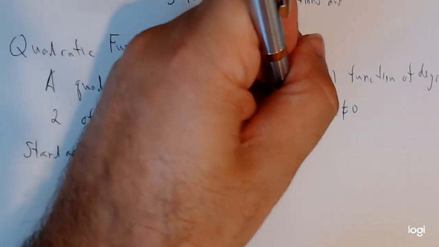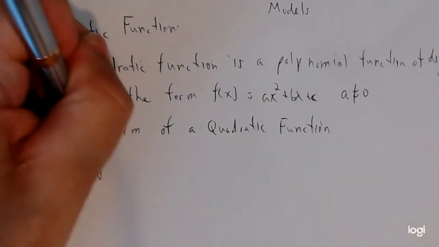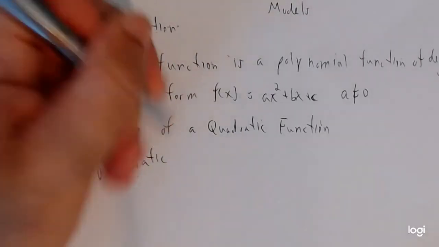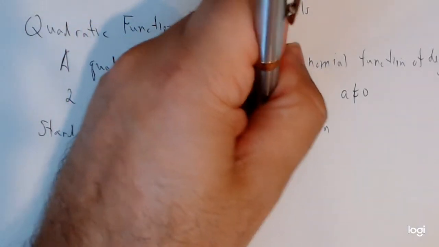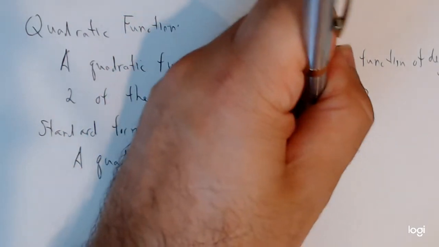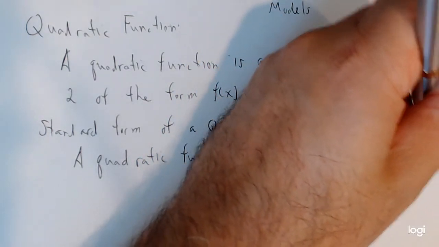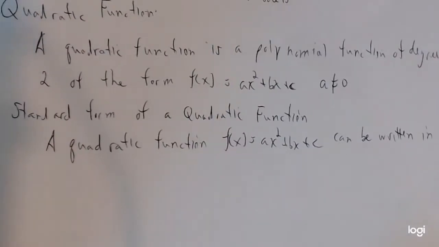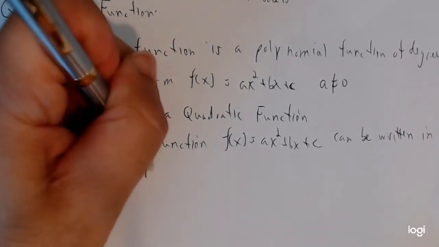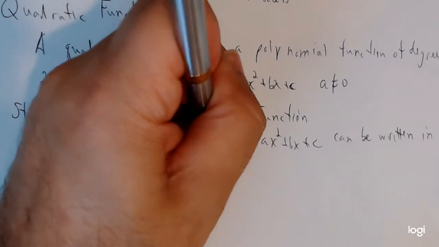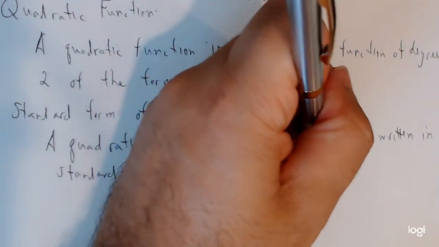We can say a quadratic function, which is defined as f(x) = ax² + bx + c, can be written in standard form as f(x) = a(x − h)² + k.